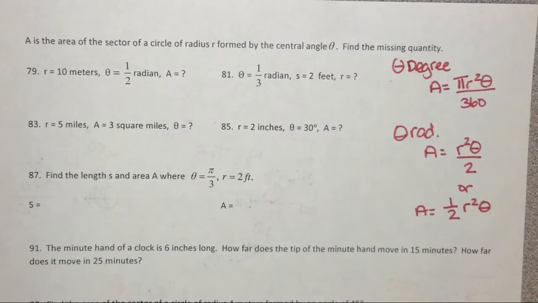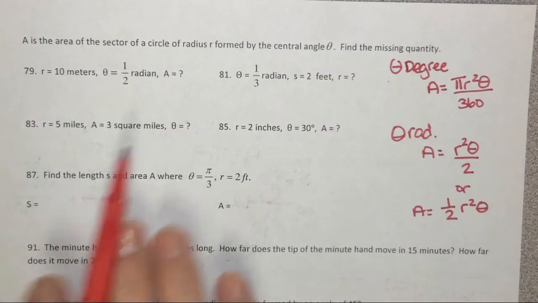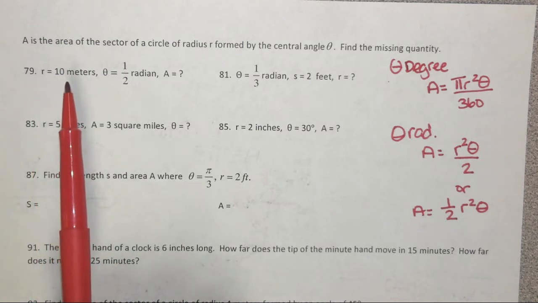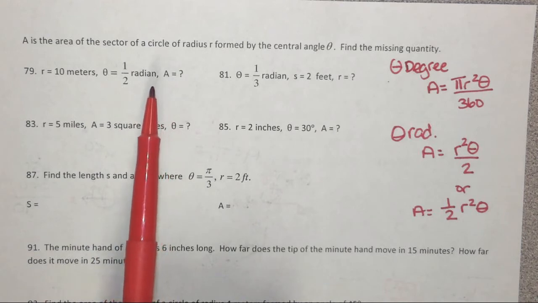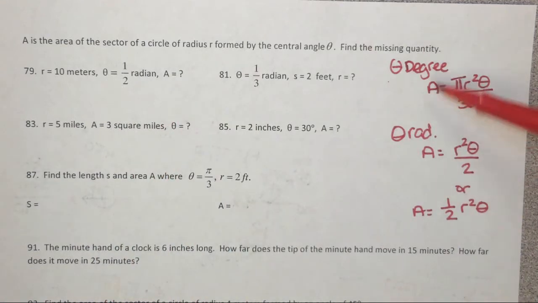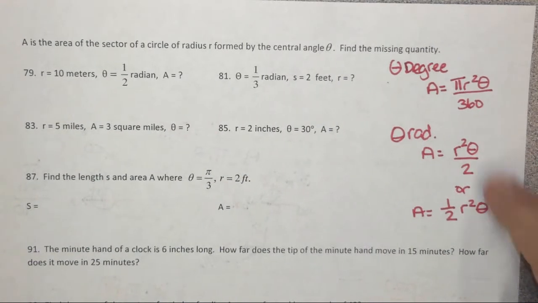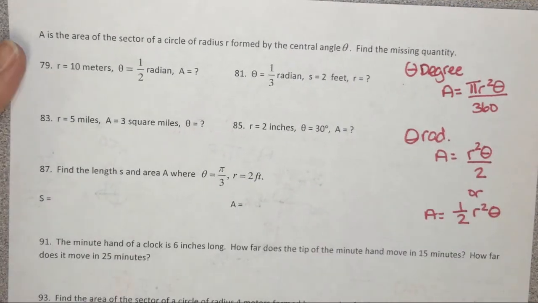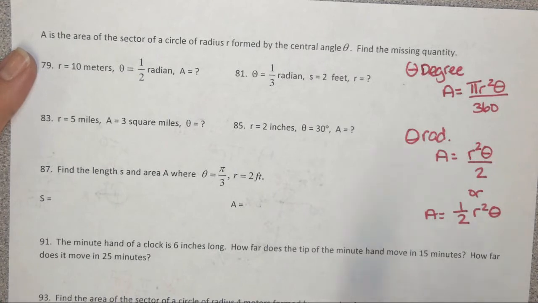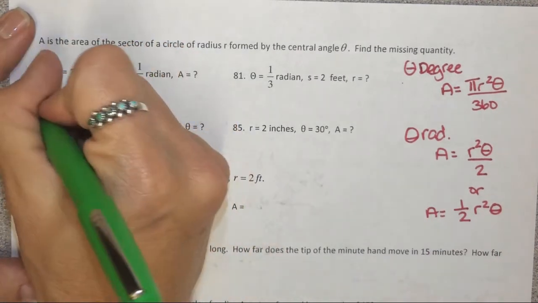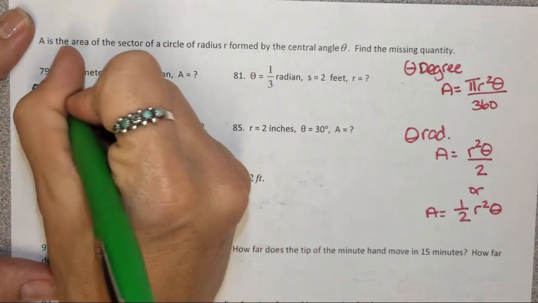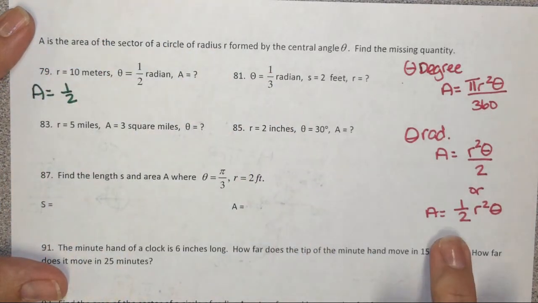Okay, so let's go look at number 79. On 79, they tell me my radius is 10 meters, my theta is 1/2 of a radian, find A. So they want me to find A, so here are my formula choices. They tell me my theta is a radian, so I have to choose between these two. My preference is to use the second equation when my radian is a fraction. So area equals 1/2, so I'm writing down my 1/2, r squared.